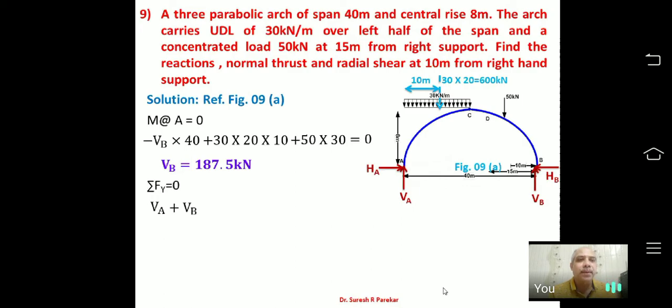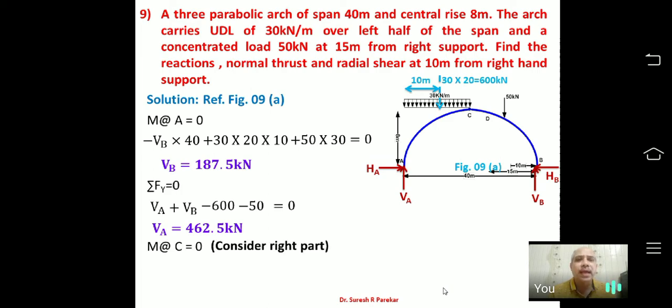So VA plus VB minus 600 minus 50 equals 0. So the value of VA is equal to 462.5 kilonewtons. Knowing VB and VA, we have the vertical reactions.